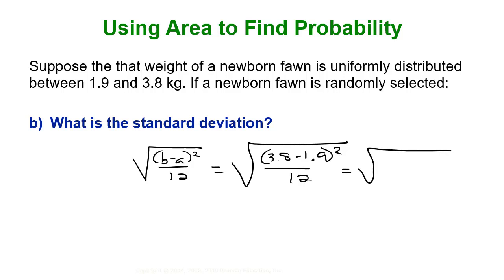Of course, 3.8 minus 1.9 is 1.9, squared all over 12. And then stick that in your calculator, and you get 0.5485 if you round to 4 decimal places.